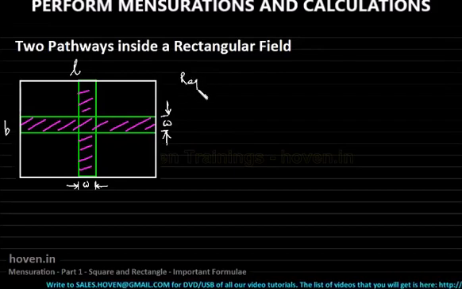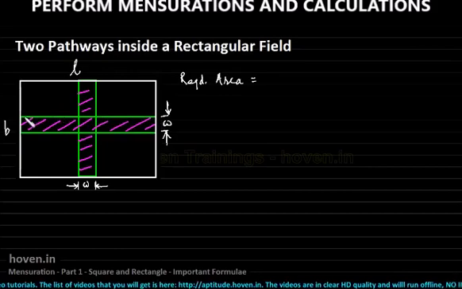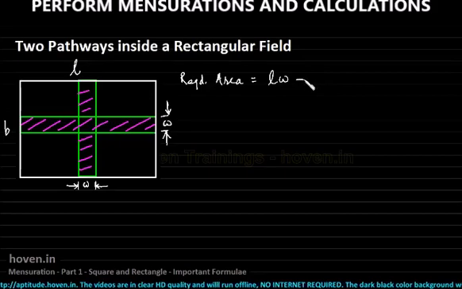Let us write the required area is equal to, first of all, calculate the area of this strip. The length of the strip is L from here to here, and the breadth is W. So first of all, we have LW.